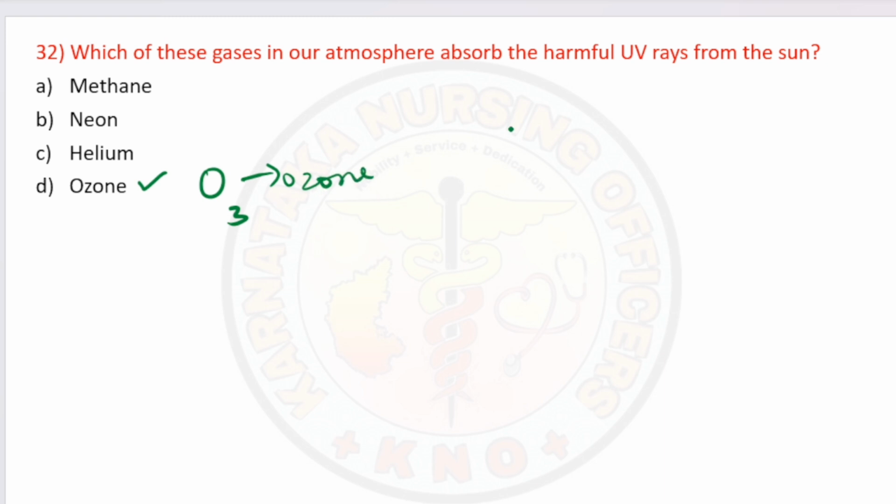This ozone layer is surrounding the earth. So the earth is surrounded by the ozone layer, that is the O3 layer, and this O3 layer is protecting us from the harmful UV radiation coming from the sun.